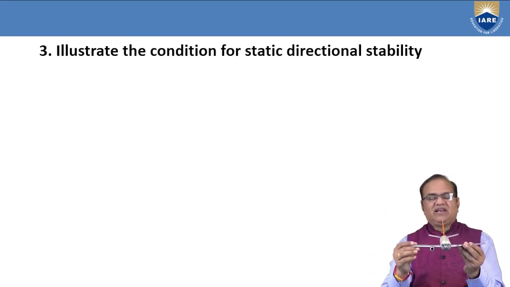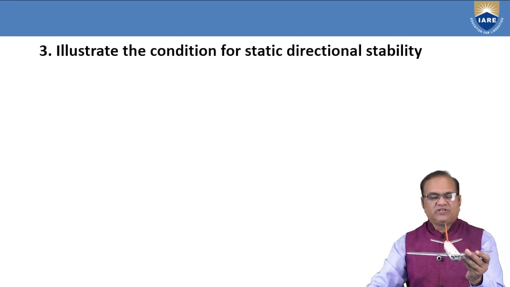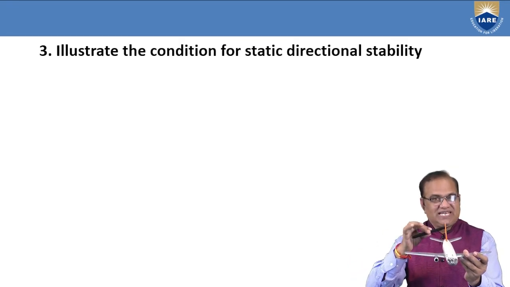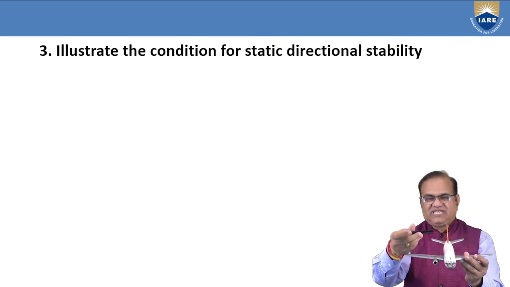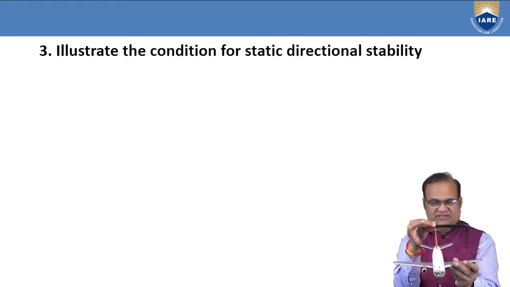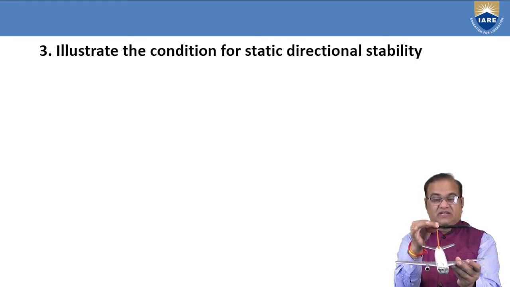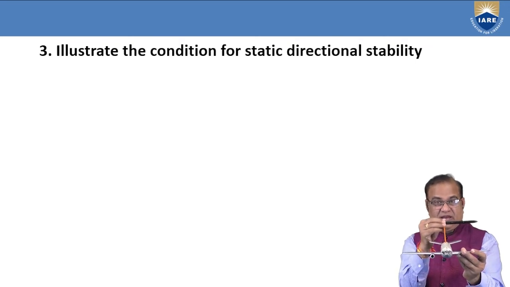This beta will try to make the aircraft generate a force by the help of the vertical tail. And if the wind is coming from this direction, it is hitting here, a force will be generating in this direction. This force will make the beta neutral.